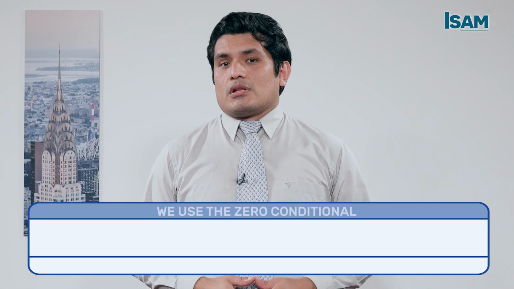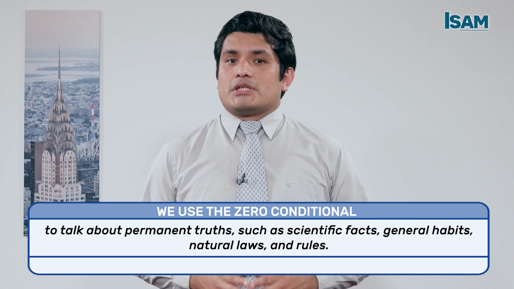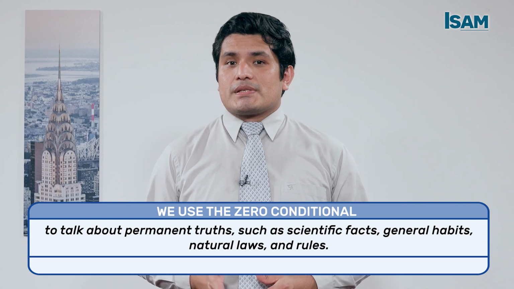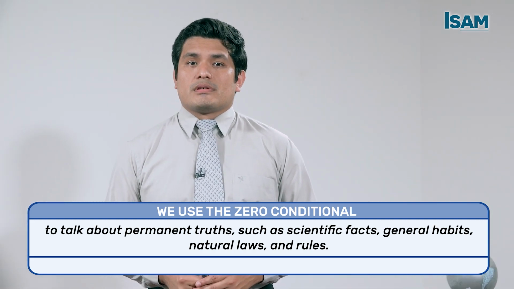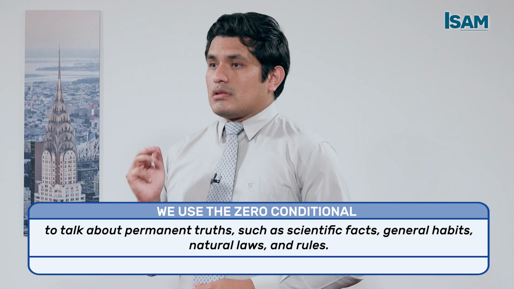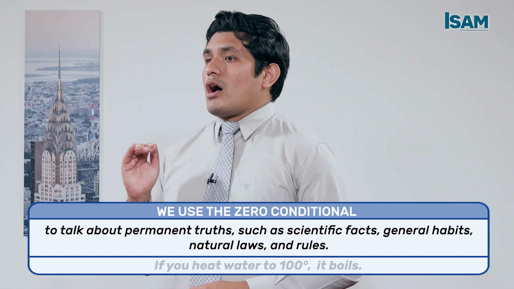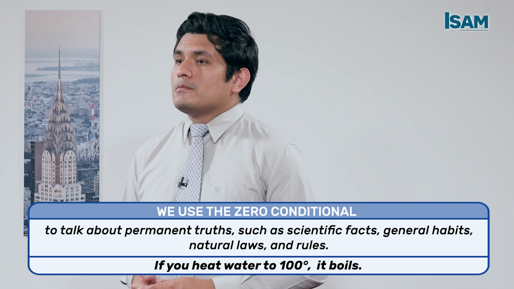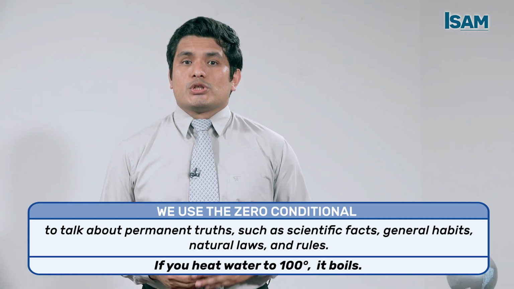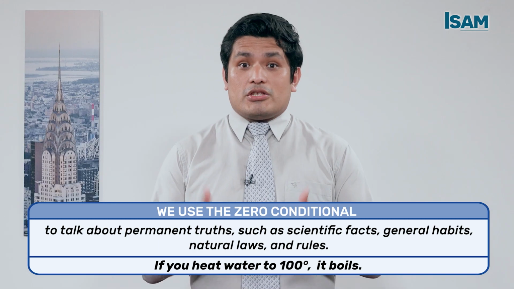Conditional sentences are often divided in different types. We use zero conditional when we talk about permanent truth, such as scientific facts, general habits, natural laws, and rules. For example, if you heat the water to 100 degrees, it boils.